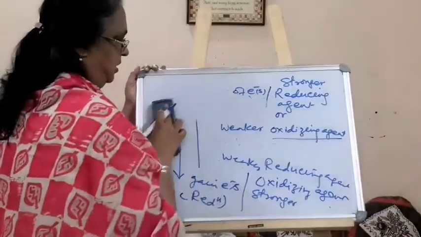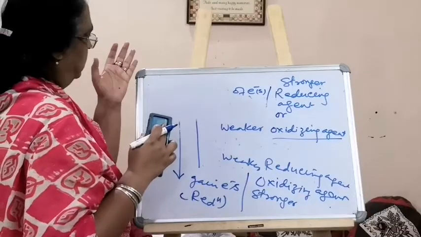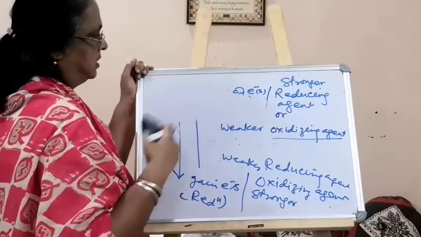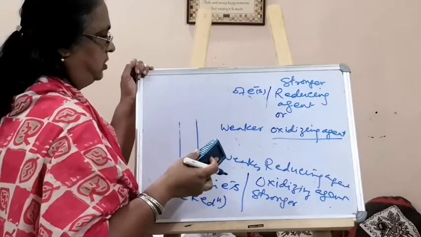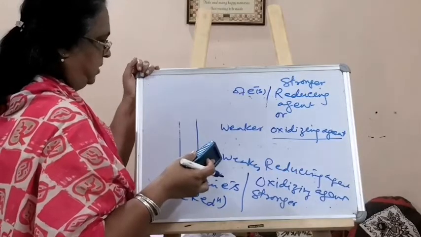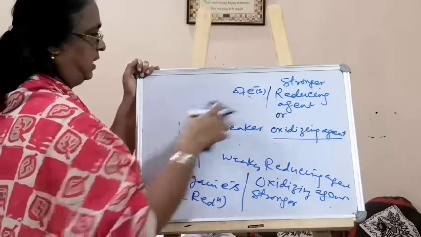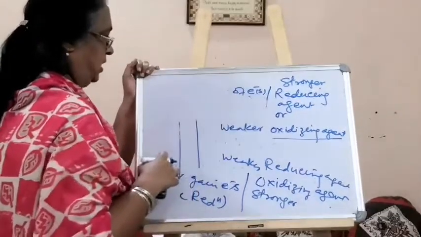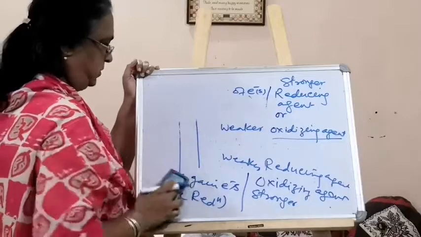So we have seen, the first point was when any electrode system is connected to hydrogen having negative reduction potential, or positive electrode potential. The second point that you have seen is in terms of stronger reducing agent and weaker oxidizing agent. The third point is just opposite of that.